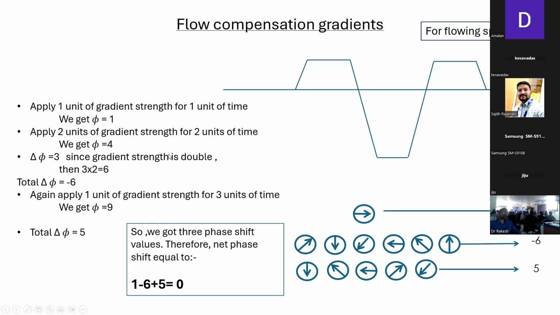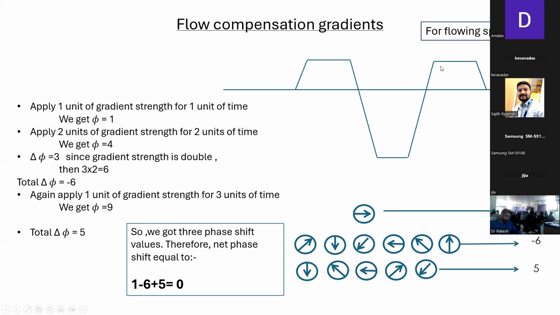We got a phase value of 4, and the difference between 1 and 4 is 3, so we get a delta phase variation of 3. Because it is twice the amplitude, we need to multiply this by 2, so 3 into 2 will be 6. And this is negative, so we give the negative sign to this phase value. So our total delta phi for this lobe will be -6.